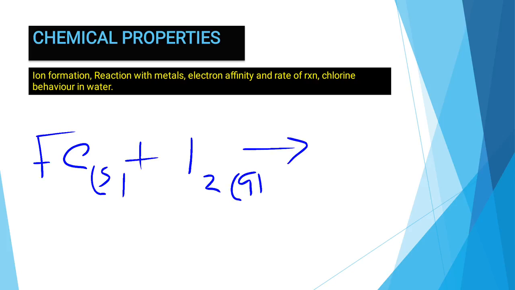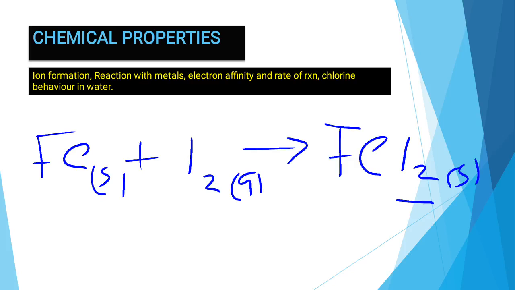It gives us iron 2 iodide. Why iron 2 iodide? And when we had chlorine, it was iron 3. It's because the electron affinity of iodine is much lower than that of chlorine.